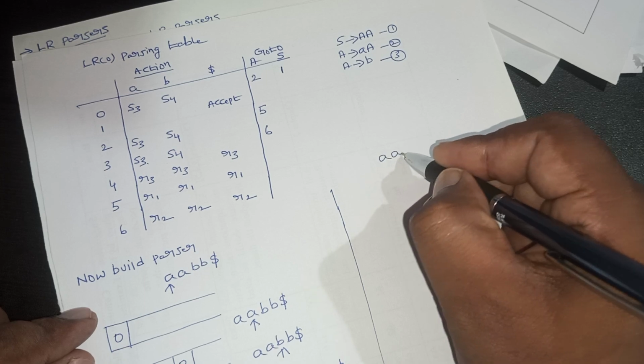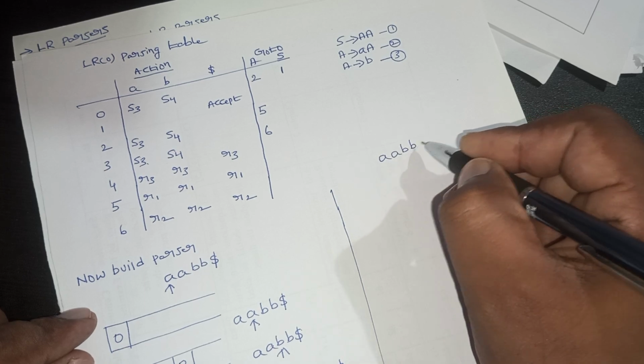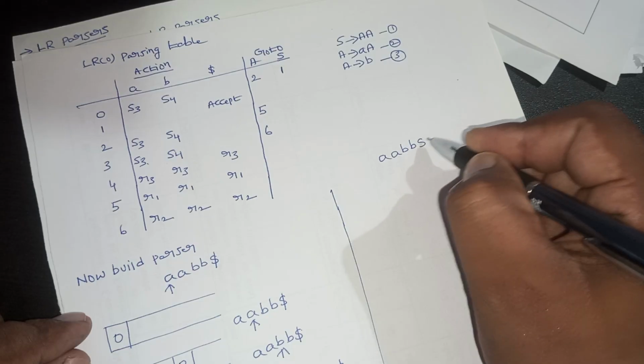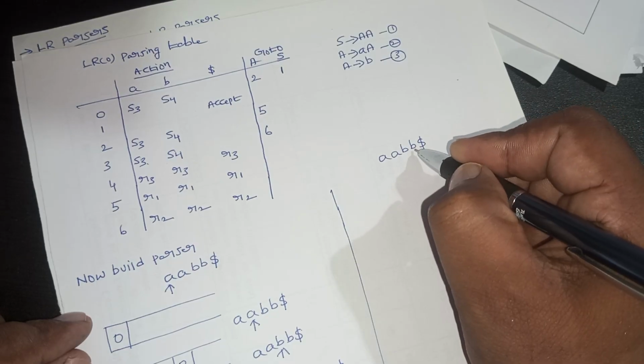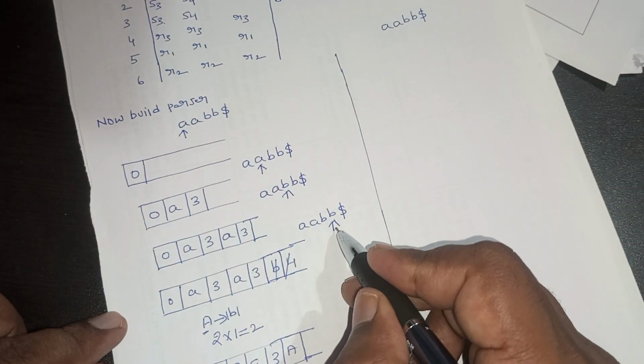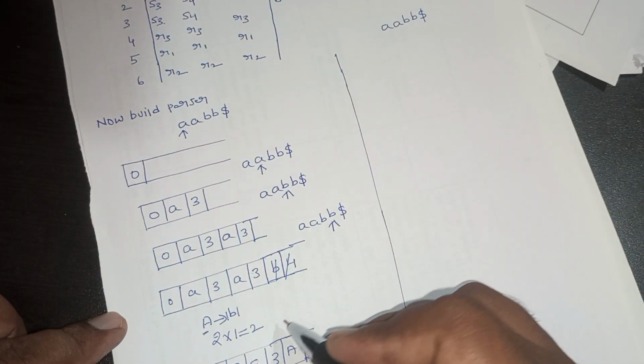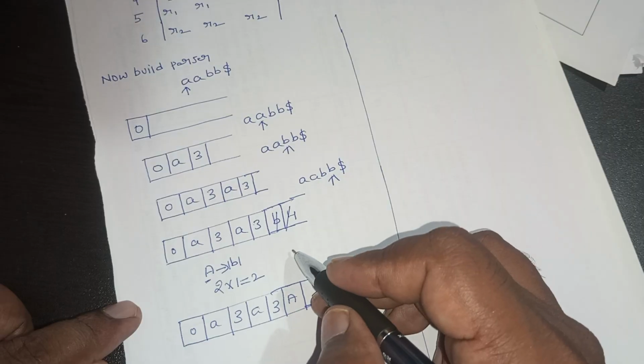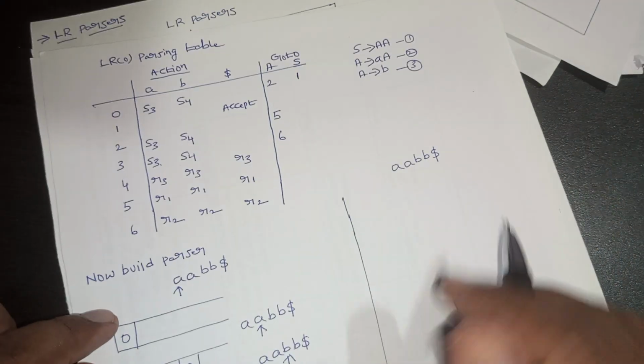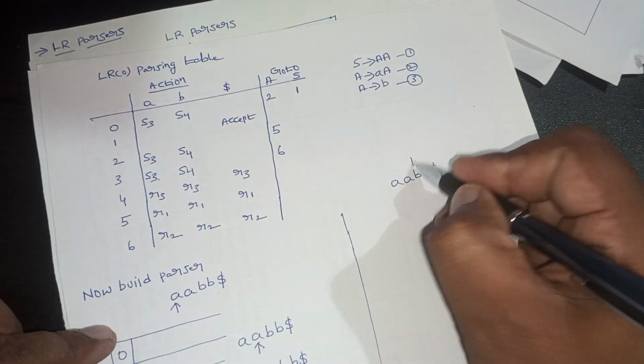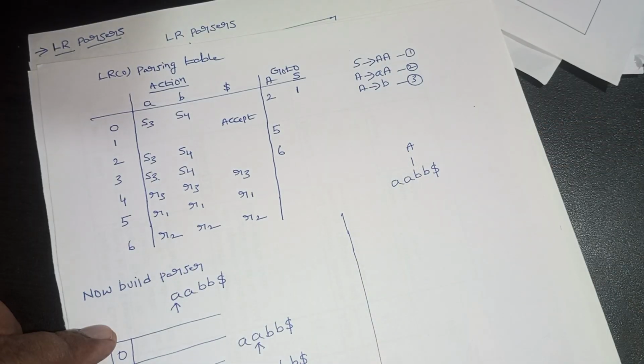The input is A A B dollar. Actually you have to reduce the previous symbol. See, this is a pointer, and now I want to reduce the previous symbol. It means reduce B to the A.